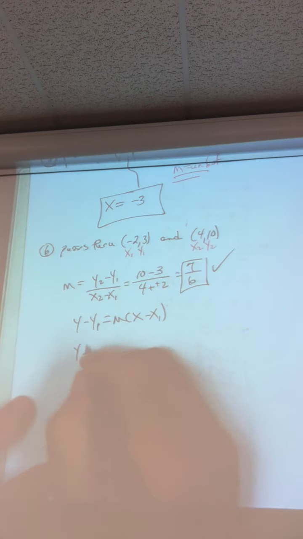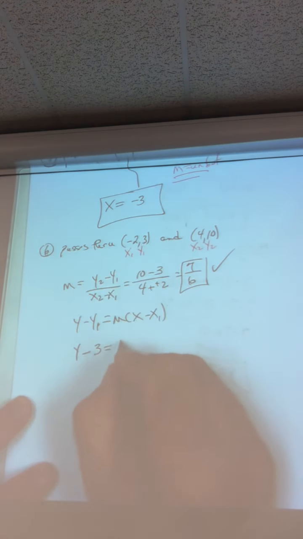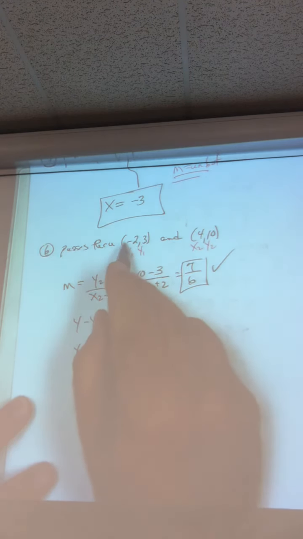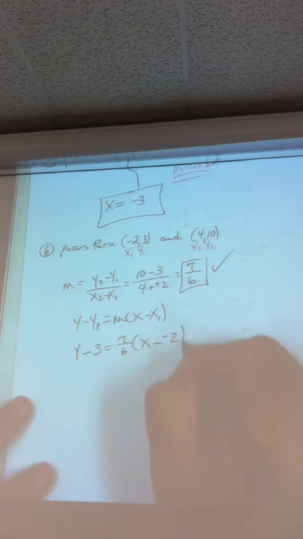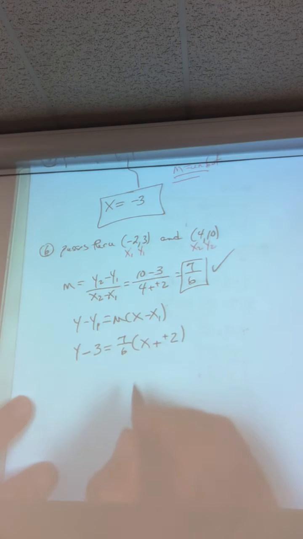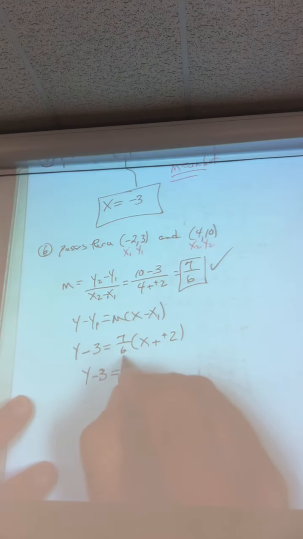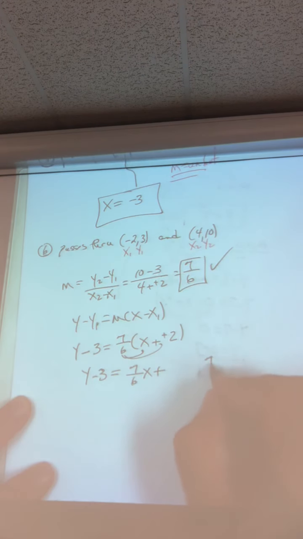So this would be y minus y1 is 3, from right here, equals m, which is 7 over 6, times x minus, and then x1 is -2. Double negatives gives me a positive. So this is y minus 3 equals, we're going to distribute, 7 over 6x plus, I'll come to the side over here.